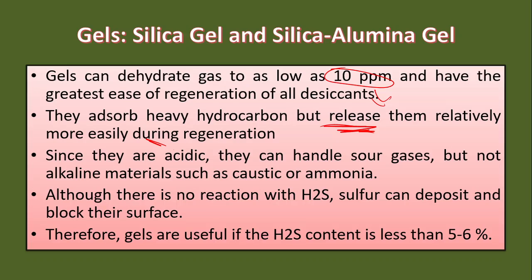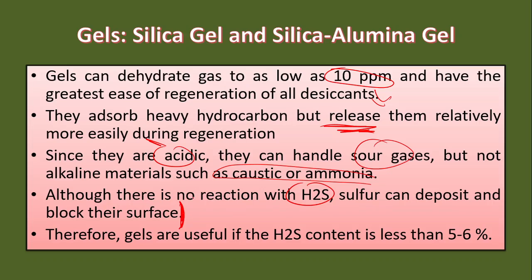Since they are acidic in nature, they can handle the sour gases, the acid gases, but not alkaline materials such as caustic and ammonia. If ammonia and caustic are present in the natural gas, then there will be a problem with the gels. Although there is no reaction with H2S, sulfur can deposit and block their surfaces.